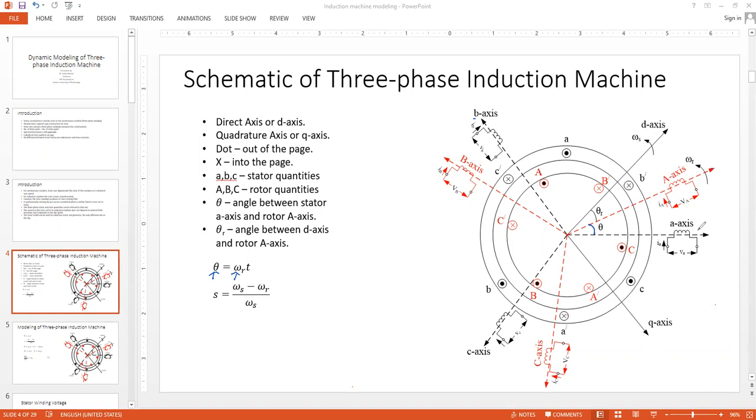If that is true, as time t goes on and increases, we can easily relate theta and omega r by this relation: theta equals omega r into t. When t equals 0, theta equals 0. When t is non-zero, this is the relationship between the axes, and the angle is represented simply with the help of the speed omega r.